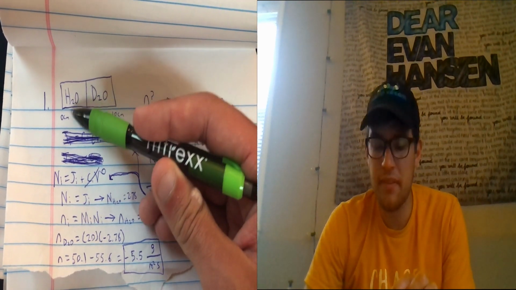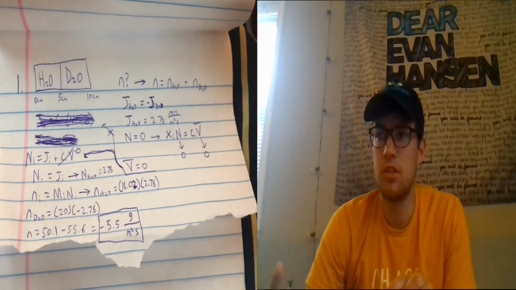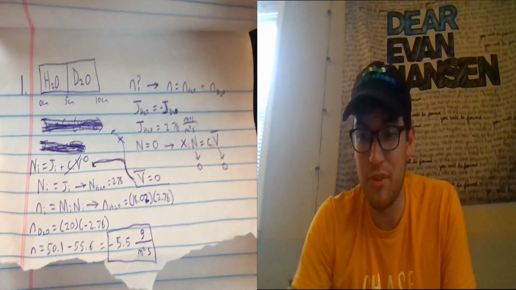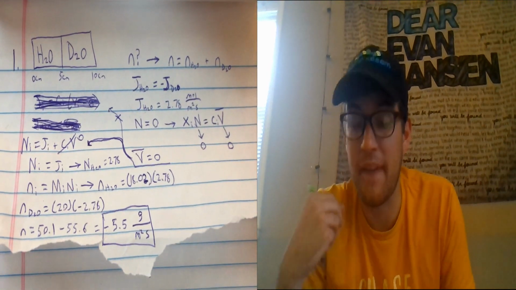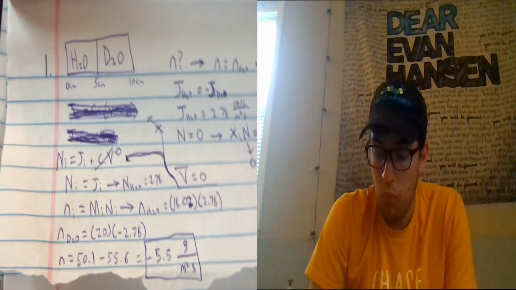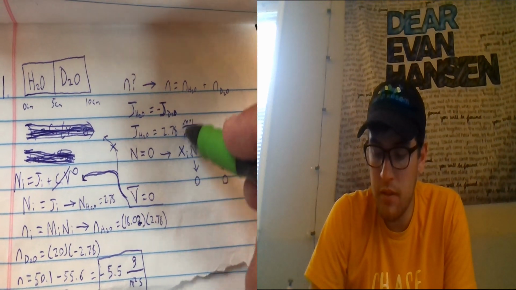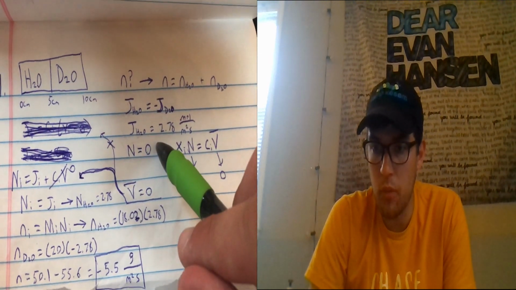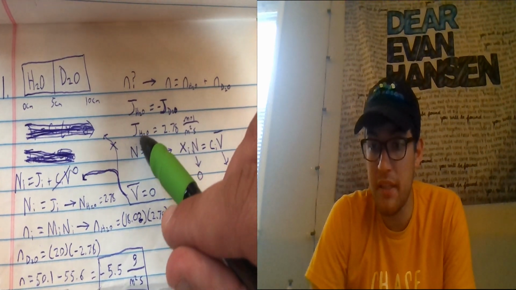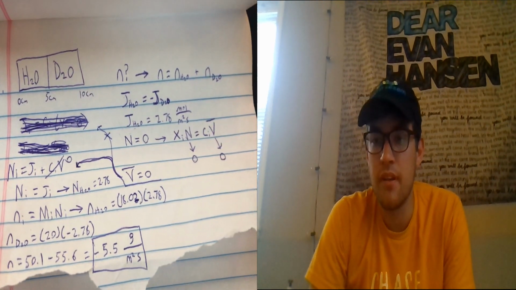Well, knowing that and knowing that we have the maximum molar diffusive flux in this system is 2.78 moles per meter squared seconds, we know that whatever component we define as the maximum molar diffusive flux, the other component is going to be the exact same rate, but the opposite direction.